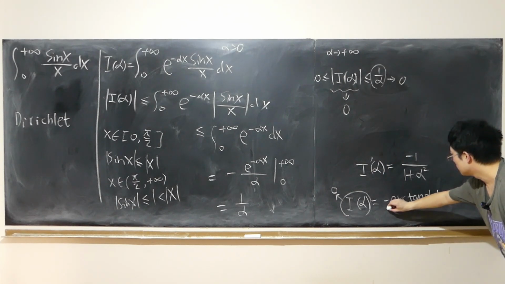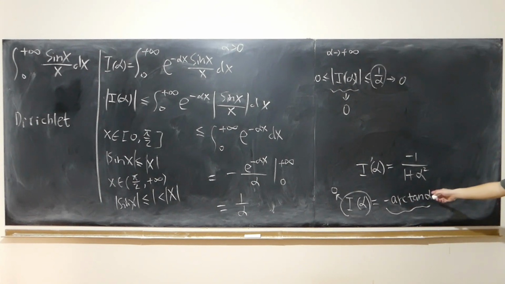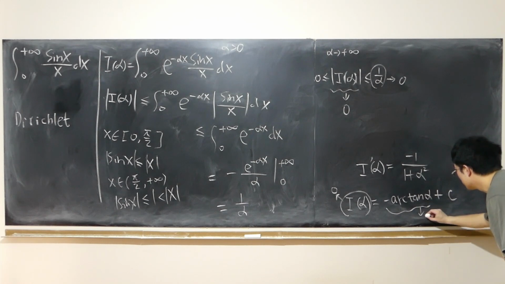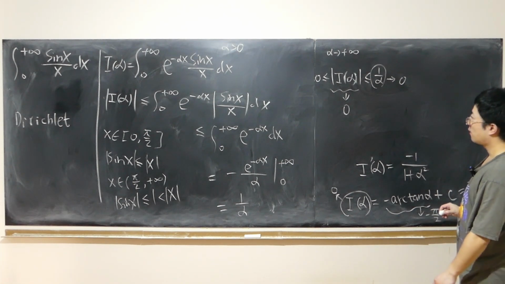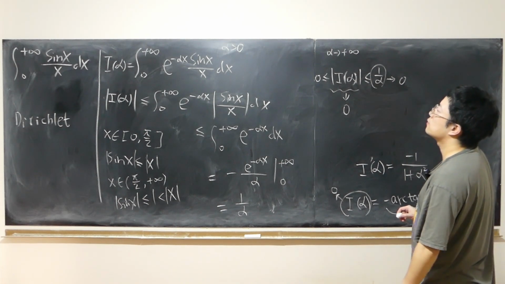So as alpha approaches positive infinity, arctangent gives half pi, so negative half pi. So C has no choice; C must be equal to half pi. Definitely.